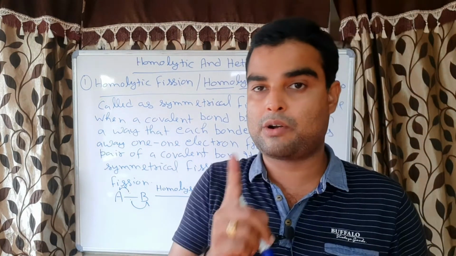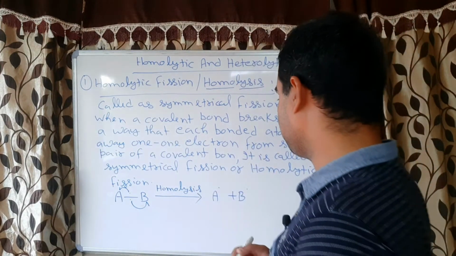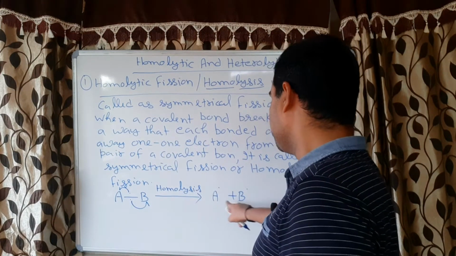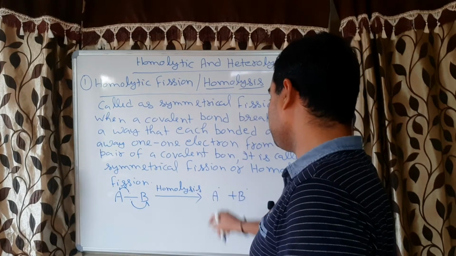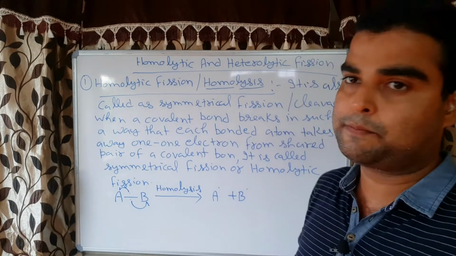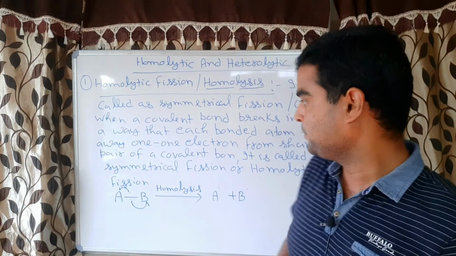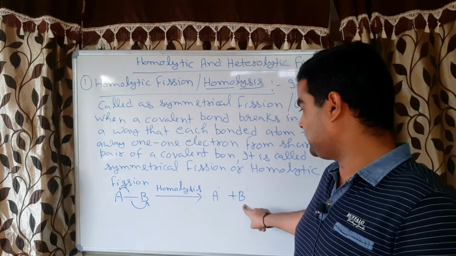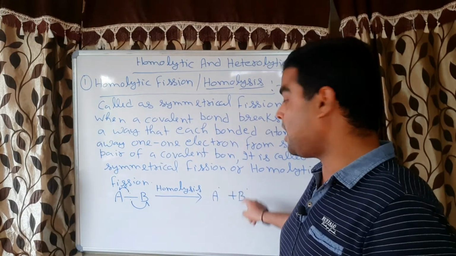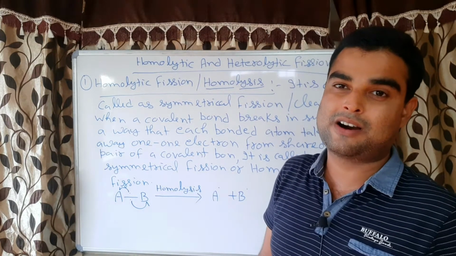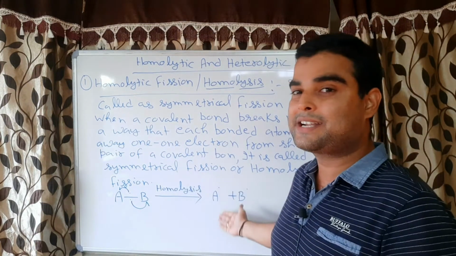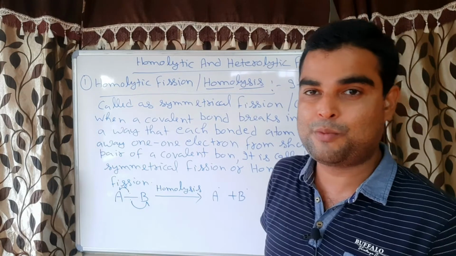One-sided curve represents only one electron transfer. Okay, so it is forming A and B, that is having one electron, but it is a neutral charge species. Since it is a neutral charge species and having one odd electron, it is called free radical. So free radicals are the product of homolytic fission.